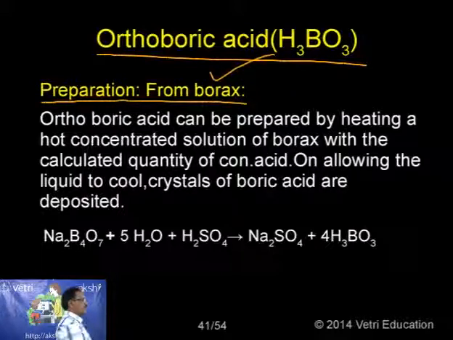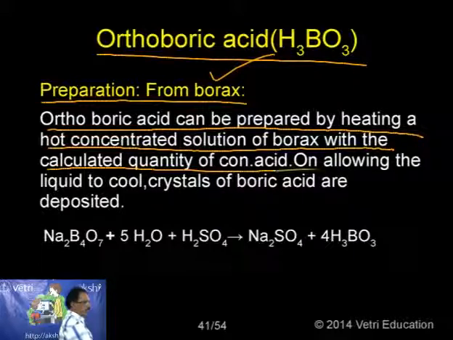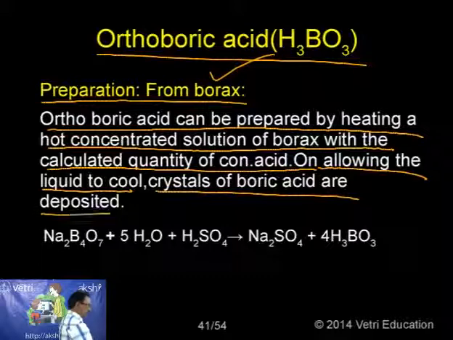Orthoboric acid can be prepared by heating a hot concentrated solution of borax with the calculated quantity of concentrated sulfuric acid. On allowing the liquid to cool, crystals of boric acid are deposited. A very interesting method. So what is the corresponding reaction? Na2B4O7.